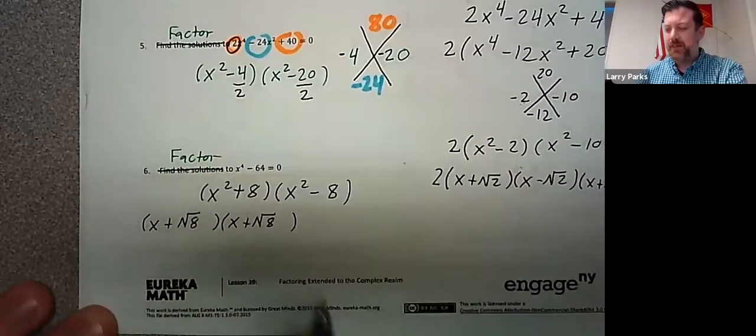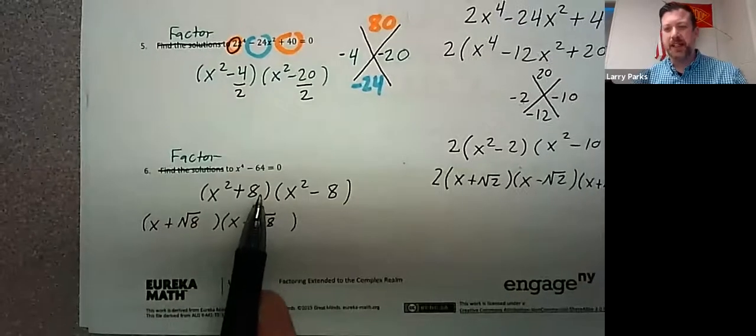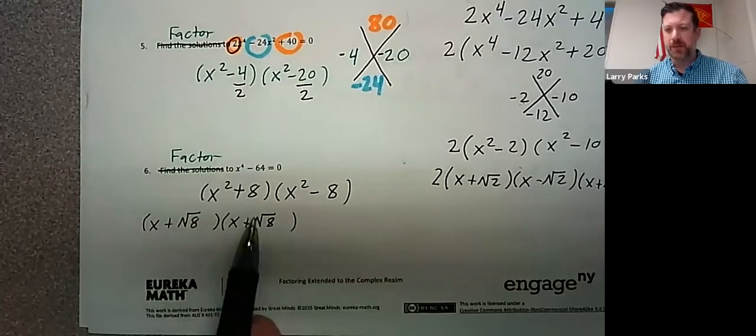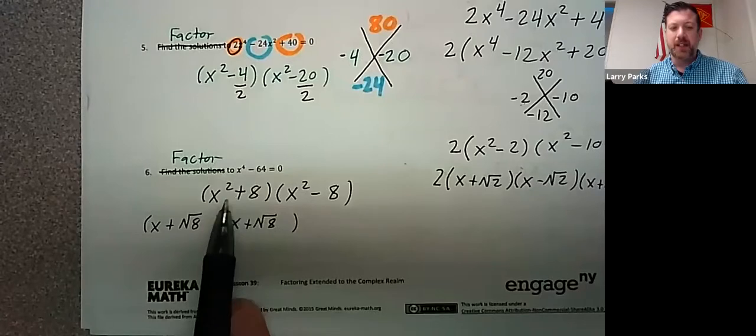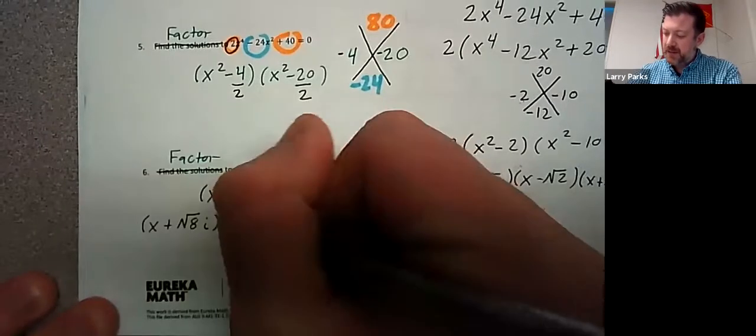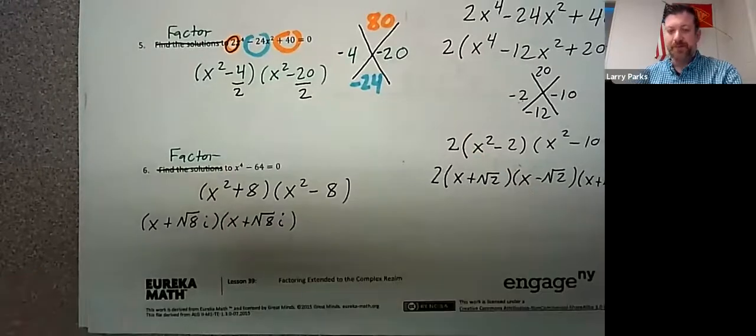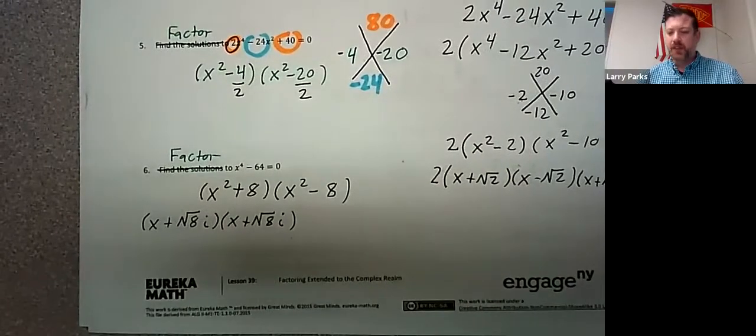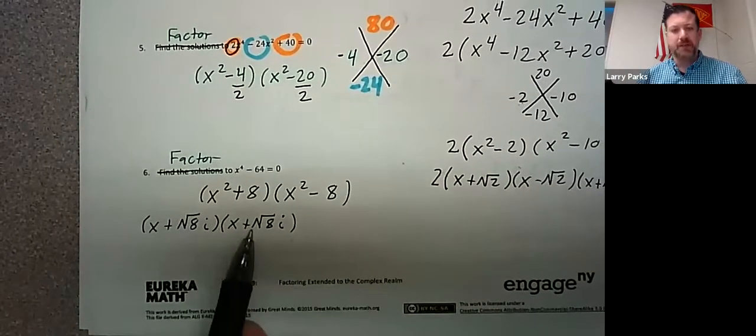So that's really, if it doesn't make a nice square, you just use square root, because square root of 8 times square root of 8 is 8. And then because of this plus, I need my i here. Some people put the i in front to make sure it's not underneath the radical.